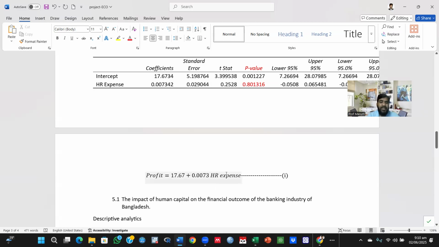And when you are explaining the impact of HR expense on company's profit, you will say that it is only 0.0073.